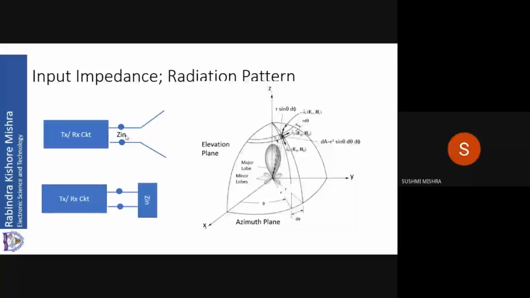If we measure from the Z axis an angle theta towards the XY plane, that angle we call the elevation angle, and the plane containing the Z axis is called the elevation plane. Similarly, we have the azimuth plane, which is the XY plane. So we had major lobe, minor lobe, elevation plane, then azimuth plane.